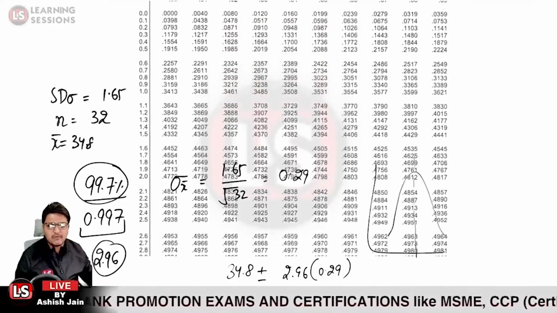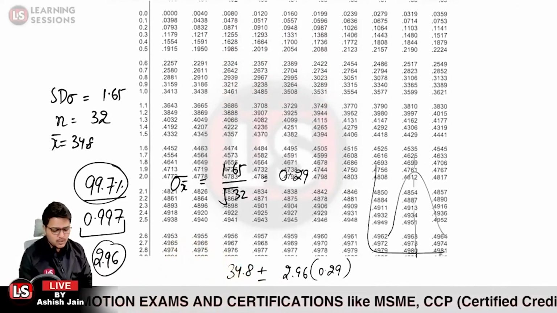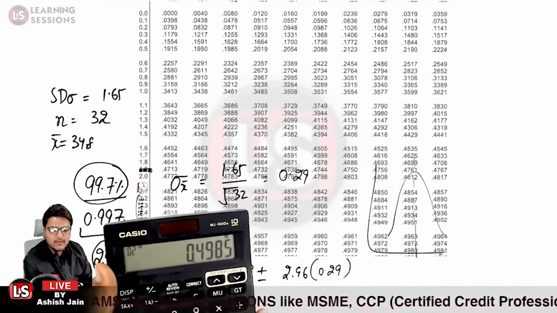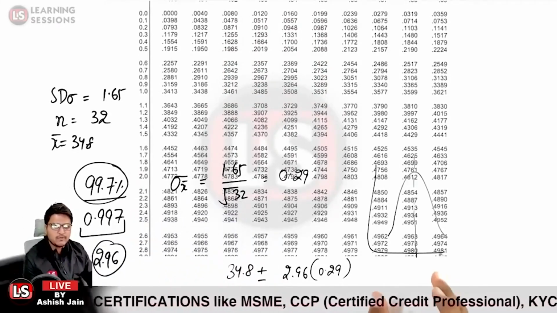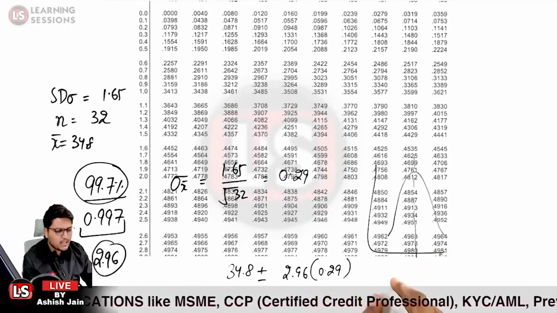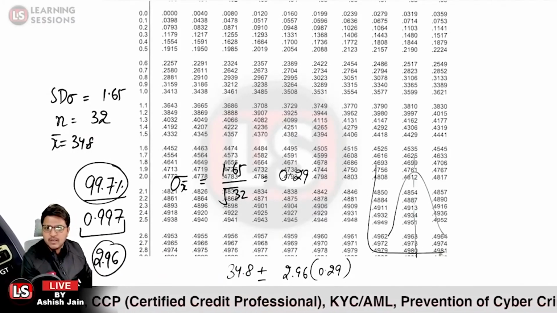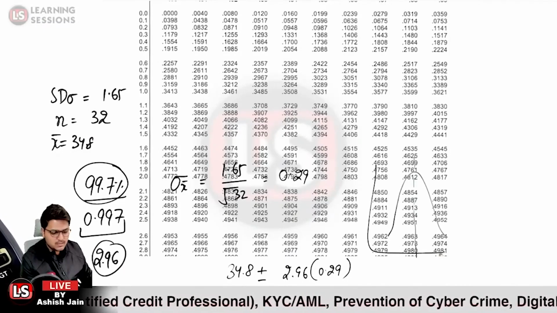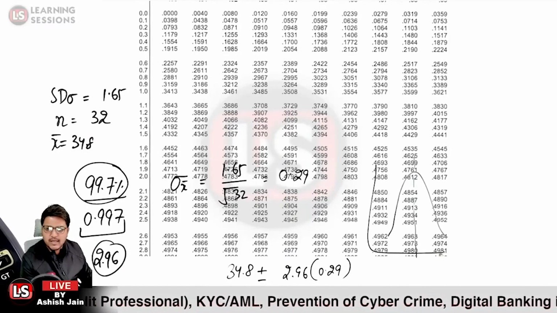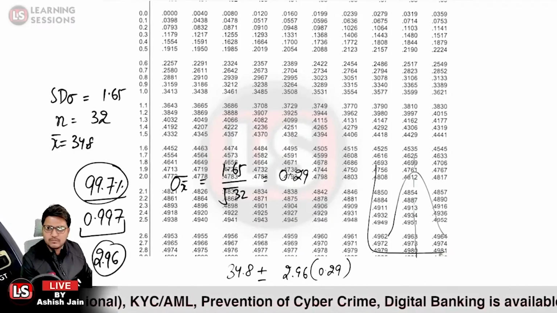And further we had half of it, that is 0.4985. And further we looked at the table and got the value related to it, that is 2.96. And this is how we solve the value.